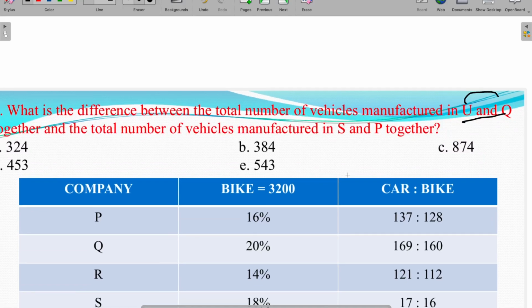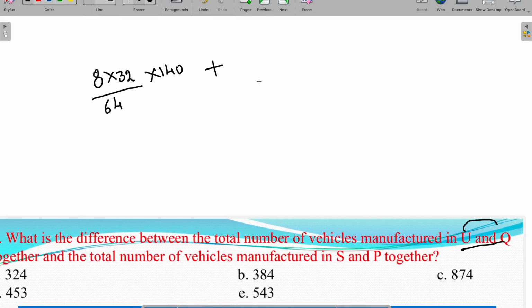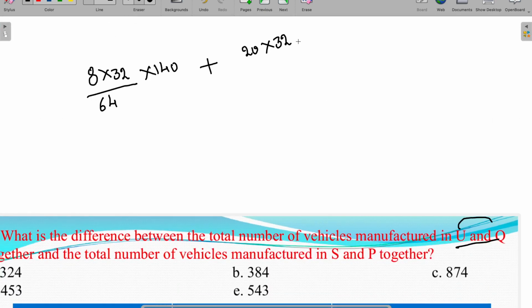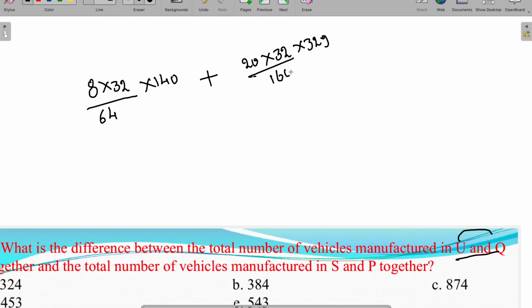Then I want to find out Q. How to write it? 20 into 32. In that I want 329 divided by bikes, which will be 160. Like this equation we have to write S and P also, then find the difference.